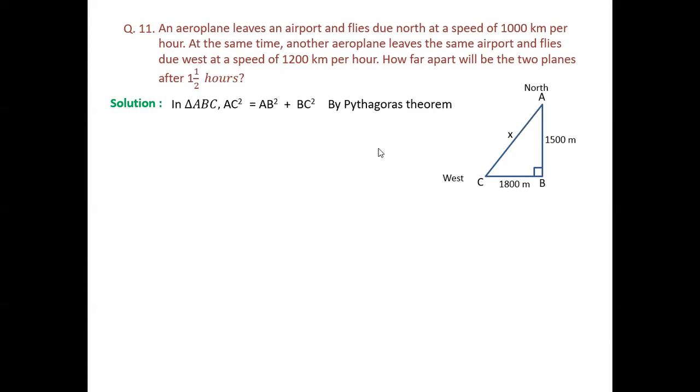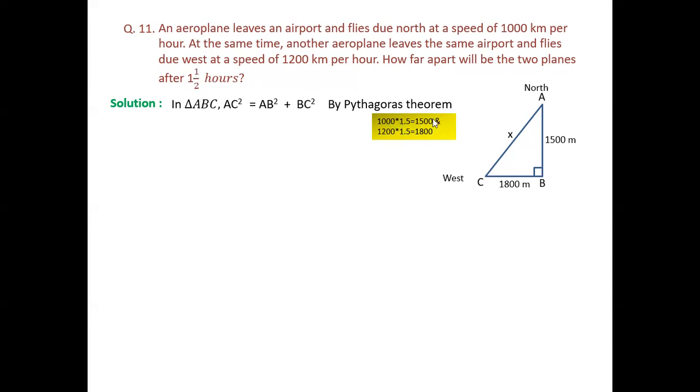Now you see this is Pythagoras theorem. Now you see here, he is traveling at a speed of 1000 kilometers per hour for 1.5 hours. So in 1 hour he will cover 1000 kilometers. But here he got 1.5 hours, and in another half an hour he will cover another 500.